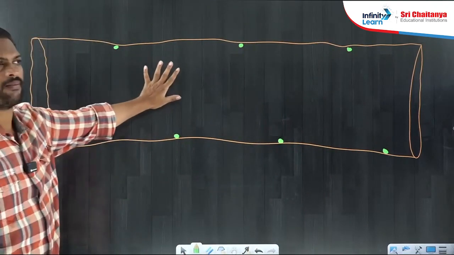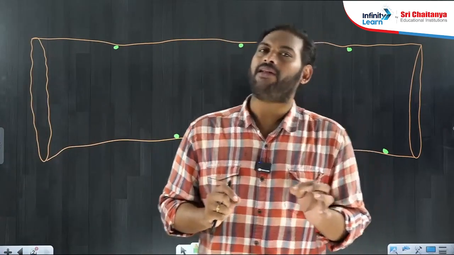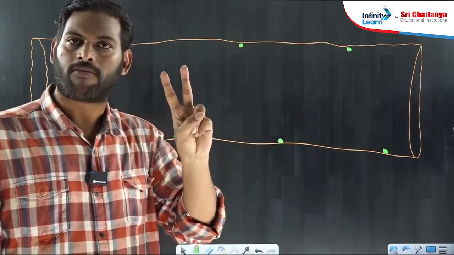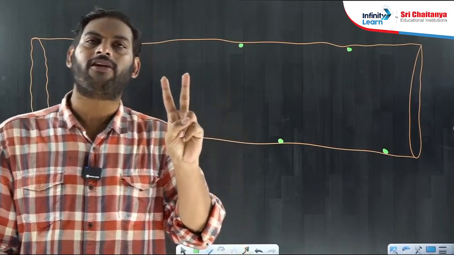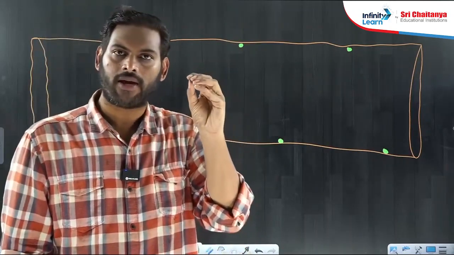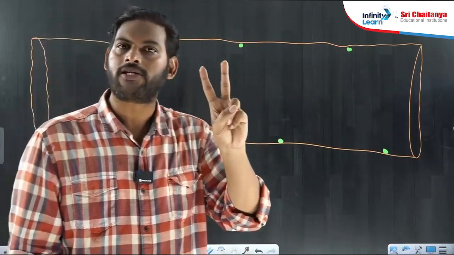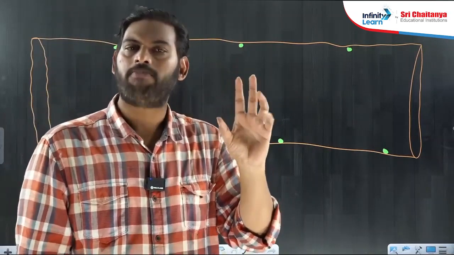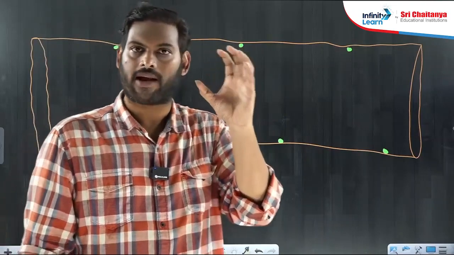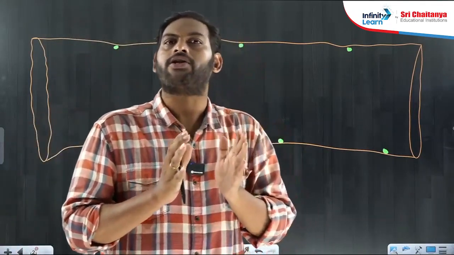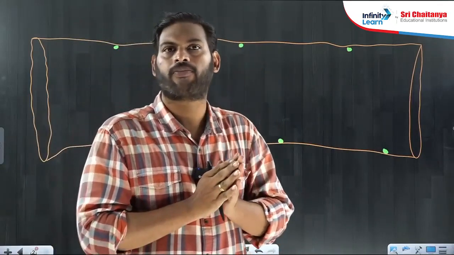Okay, clear? There were mainly two types of proteinaceous molecules which help in muscle contraction and relaxation. These two proteins help in muscle contraction and relaxation. So often we call them contractile proteins.